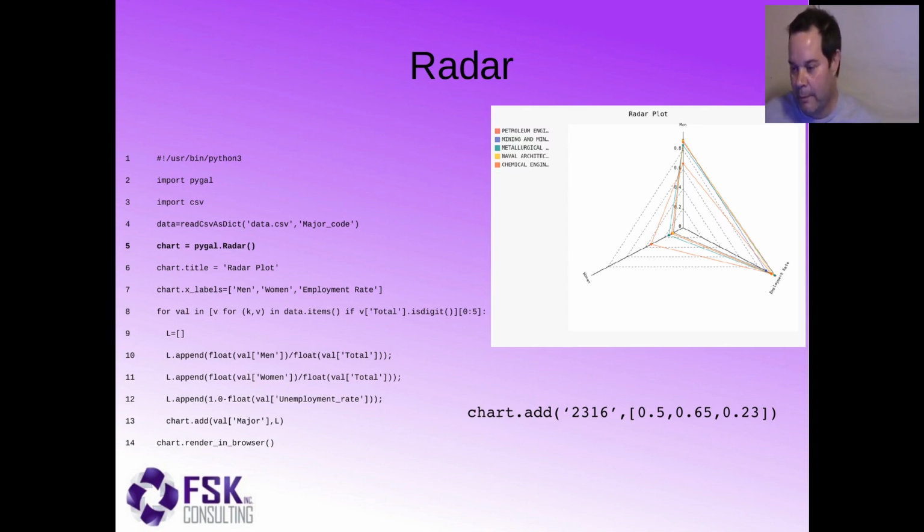Maybe a poor man's view of a 3-dimensional plot, but it's the best example I could think of with the data set in question. When you add this, you just add the values for each one of the axes in order.